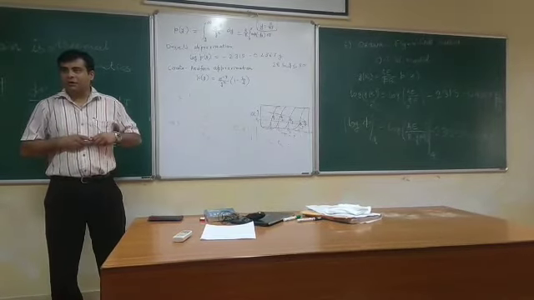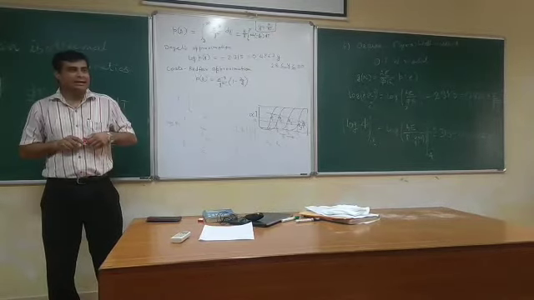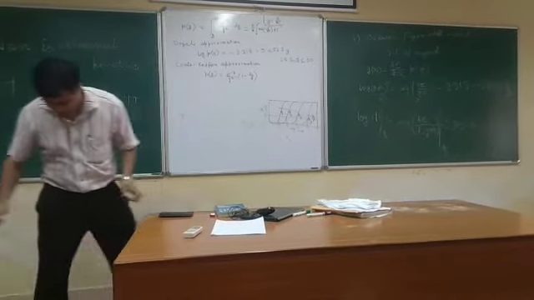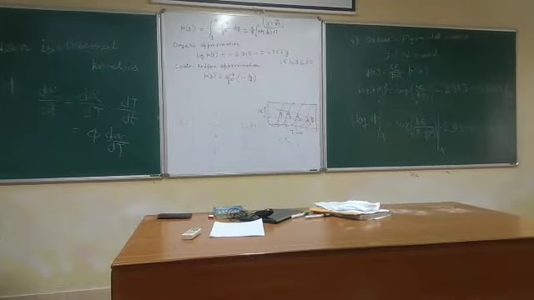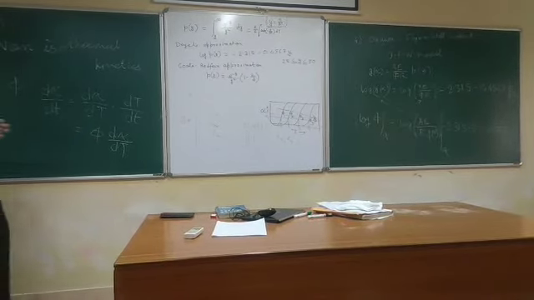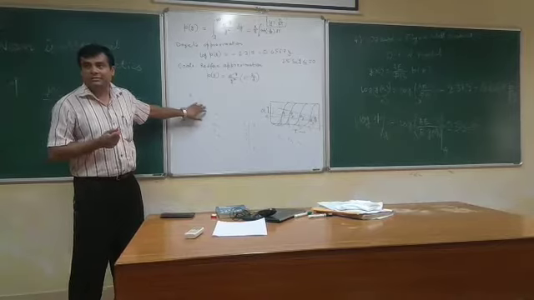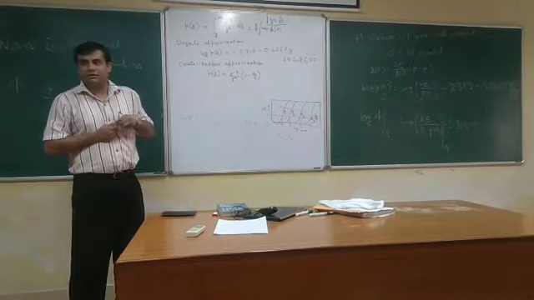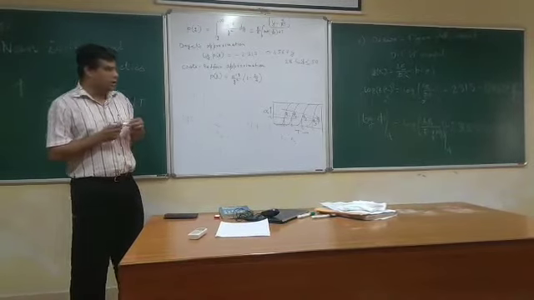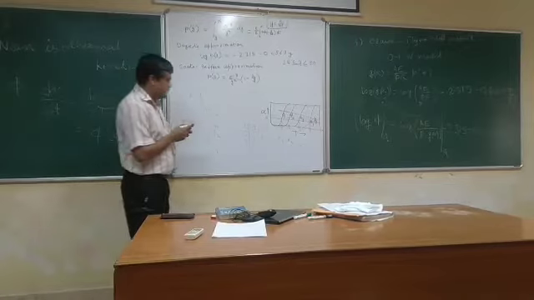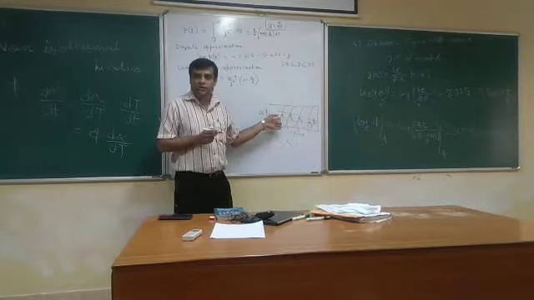So for different alpha you get the corresponding activation energy, which shows the progression of the reaction. When you plot activation energy versus alpha, this plot is called the isoconversion plot, because this method is called the isoconversion method.